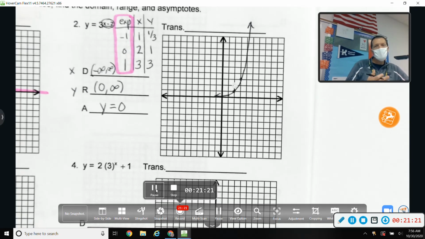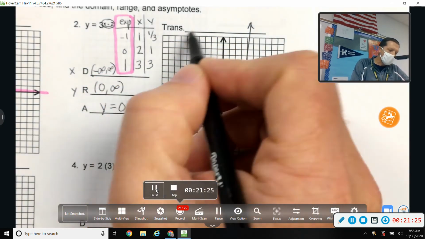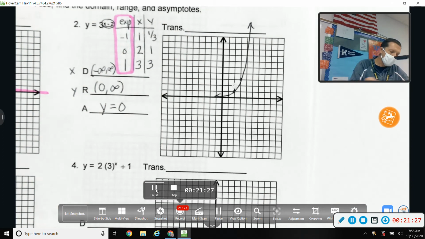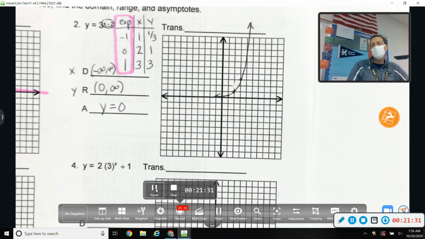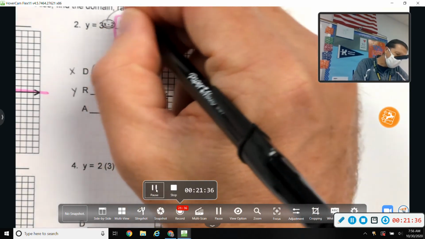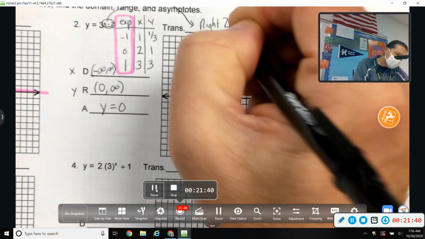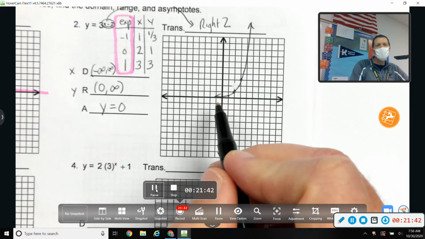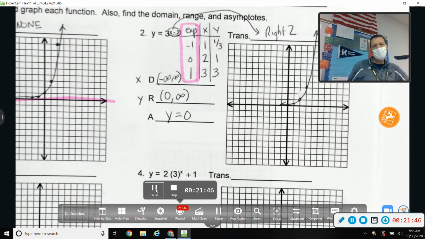But if you take care of the key points thing, that sort of takes care of the transformations. But it asks for it. X minus 2, all the transformation rules are the same. So if it's x minus 2, that should mean we move to the right 2. And yeah, that's what happened. If you compare graph 2 to graph 1 over there, it's shifted to the right by 2.